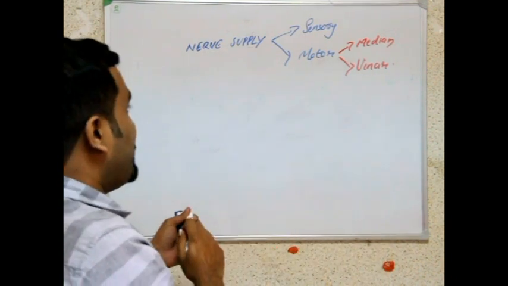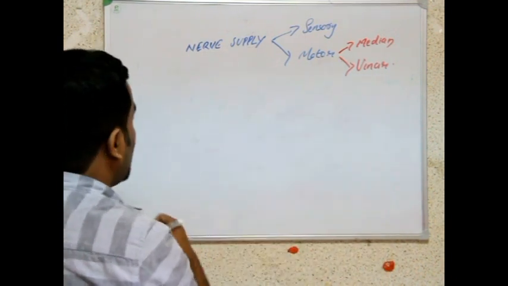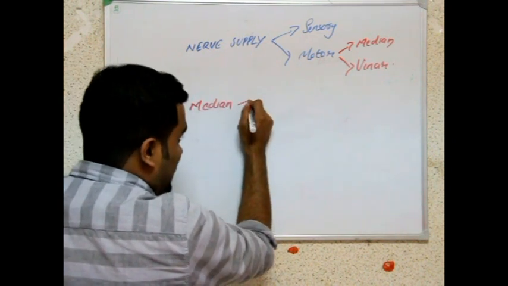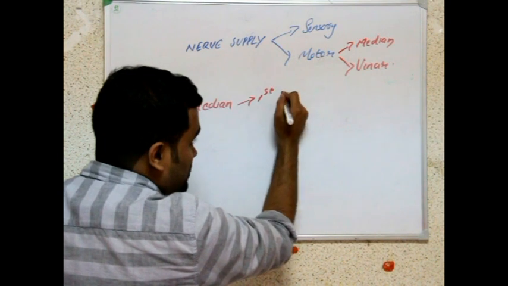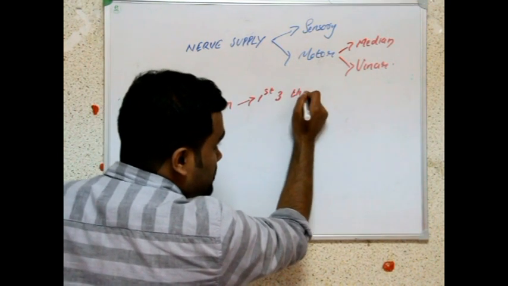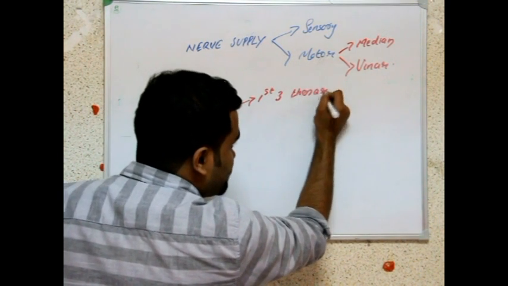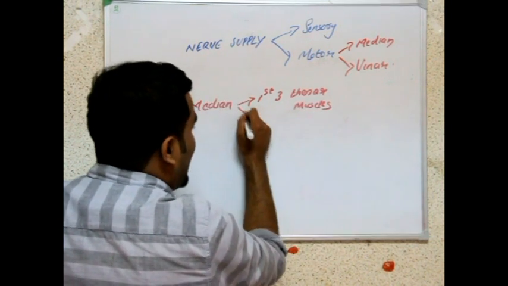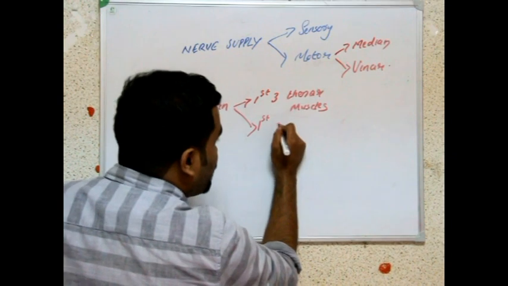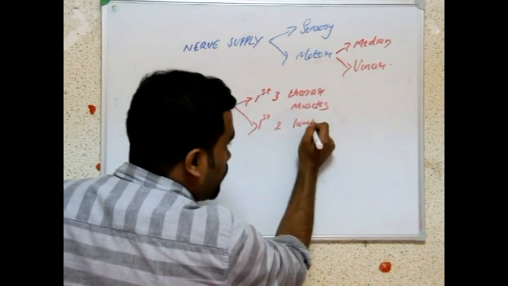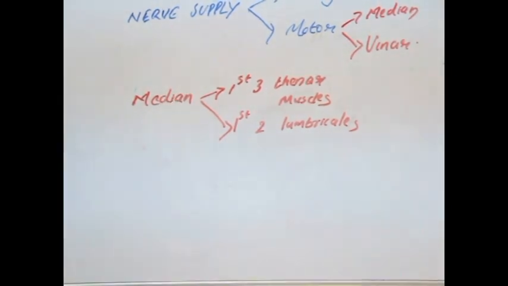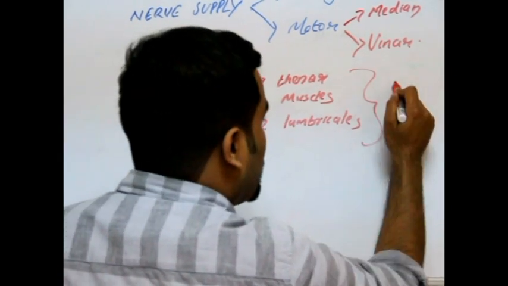So which muscles does the median nerve supply, the motor function? The first three thenar muscles, just above I explained, and first two lumbricales. What is lumbricales? The writing muscle. These median nerve supply total five muscles.